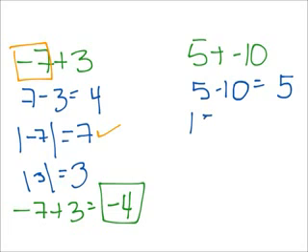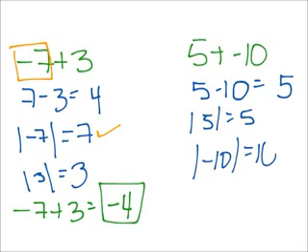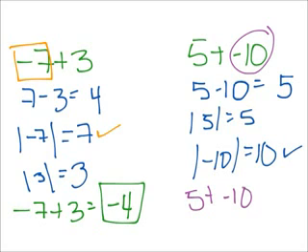So the absolute value of 5 is 5. The absolute value of -10 is 10. In this case, the bigger one is 10. And since 10 was a negative, I want to make sure that my answer is negative. So 5 plus -10, and my answer is -5.